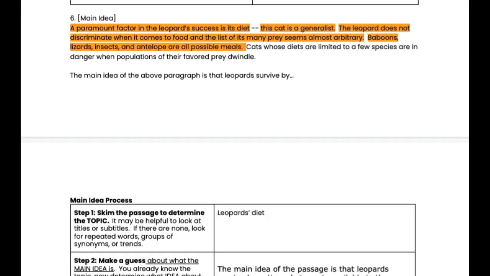So here are some of the details you could have underlined or highlighted. One detail is "A paramount factor in the leopard's success is its diet." It's outright stating the main idea there. "The cat is a generalist," which means that it's not really picky. "The leopard does not discriminate when it comes to food, and the list of its many prey seems almost arbitrary." Again, pretty much stating our main idea.